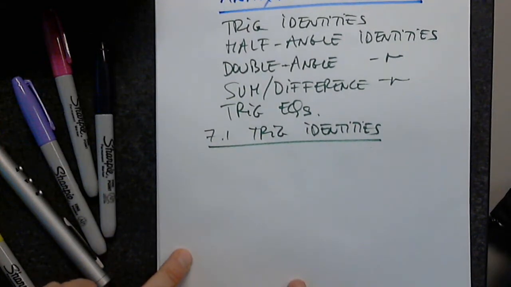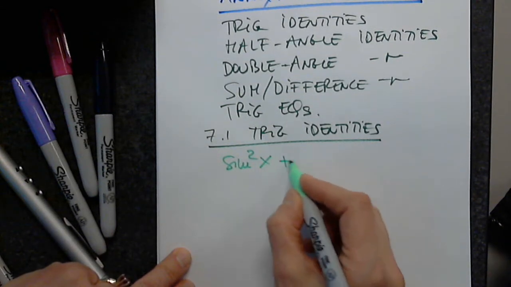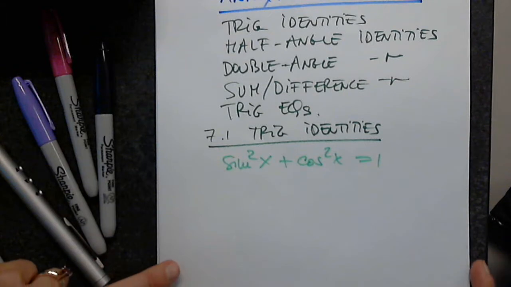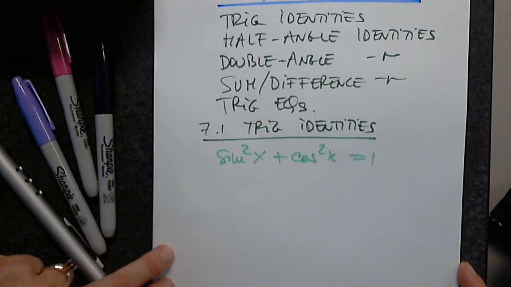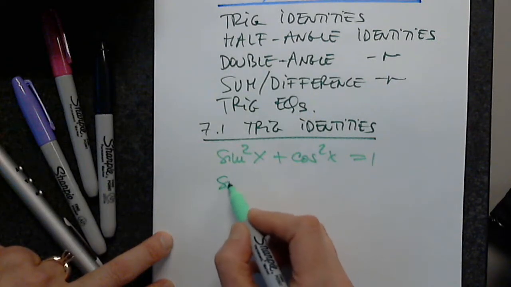So, what is the first one we talked about? Good. What was the second one we talked about? We cannot forget the other two that come from here. Sine squared is equal to 1 minus cosine. That's good.